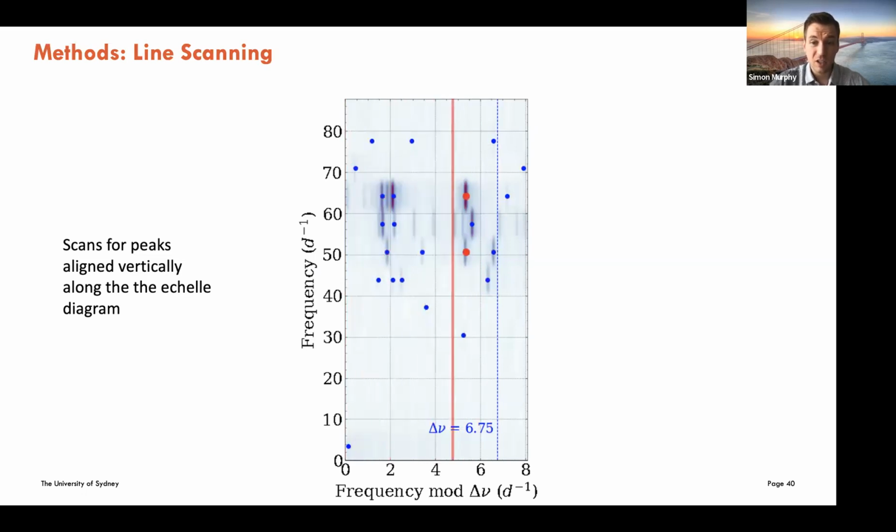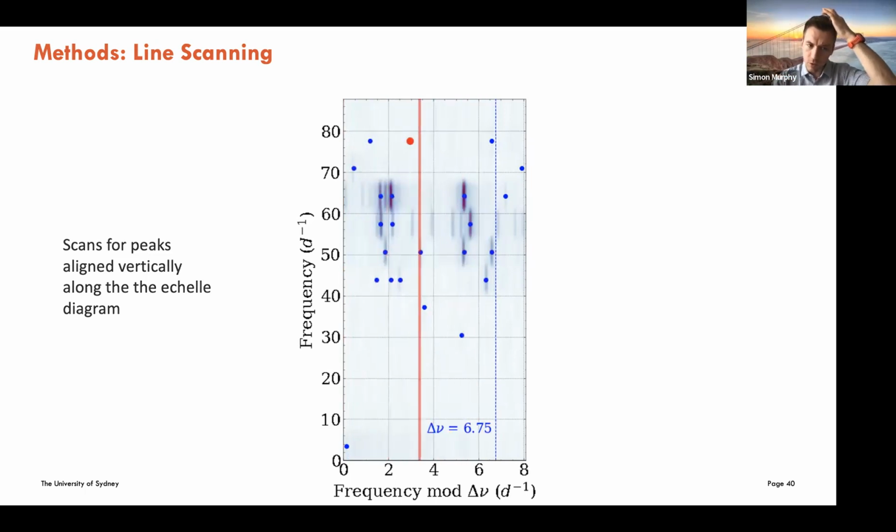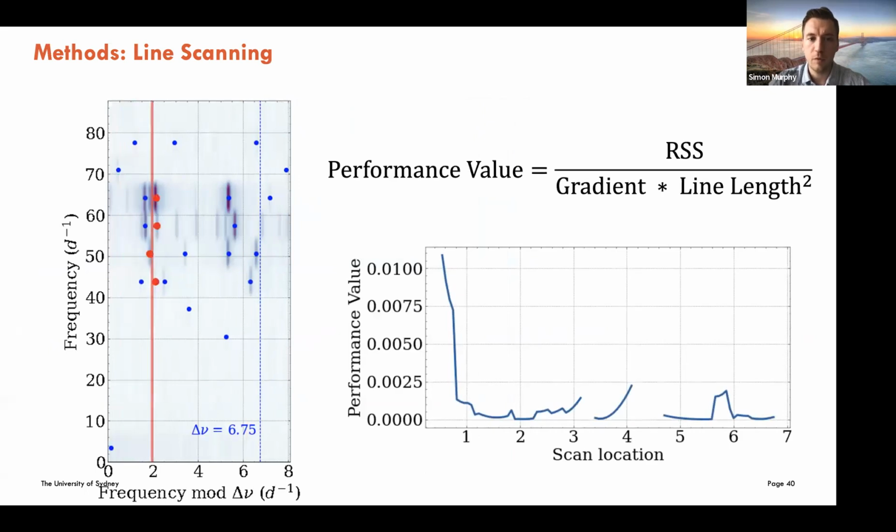This finds suitable lines when the gradient is basically vertical and looks for lines where the scatter about that line is small, and it prefers long lines, so long sets of modes all in a vertical line. And so he came up with a performance value, which is the residual sum of squares divided by the gradient multiplied by the line length squared. That's what Will came up with, and it works pretty well.